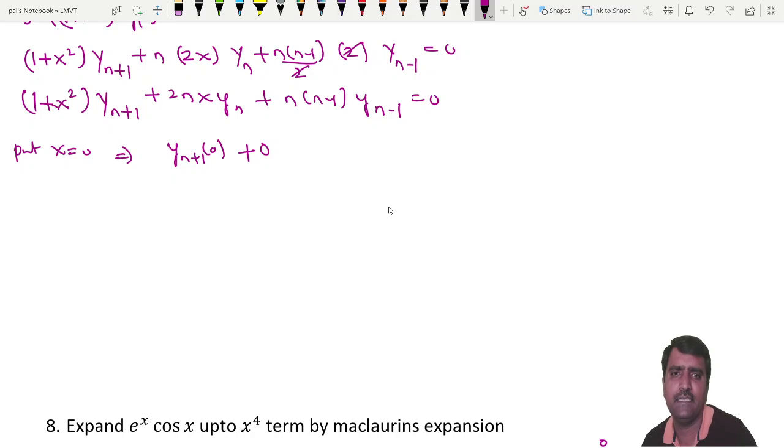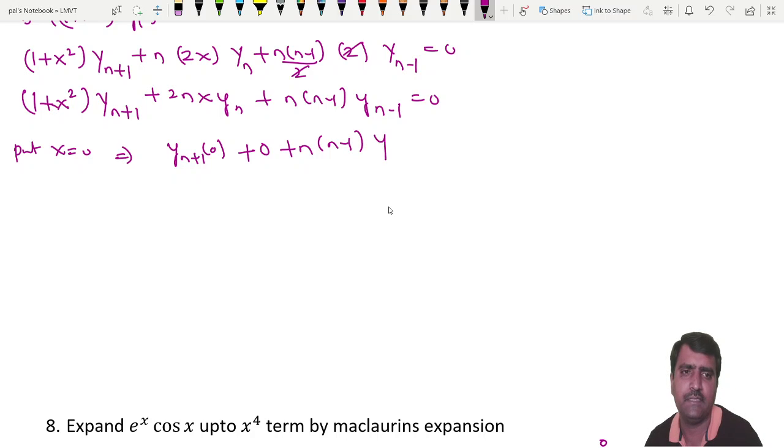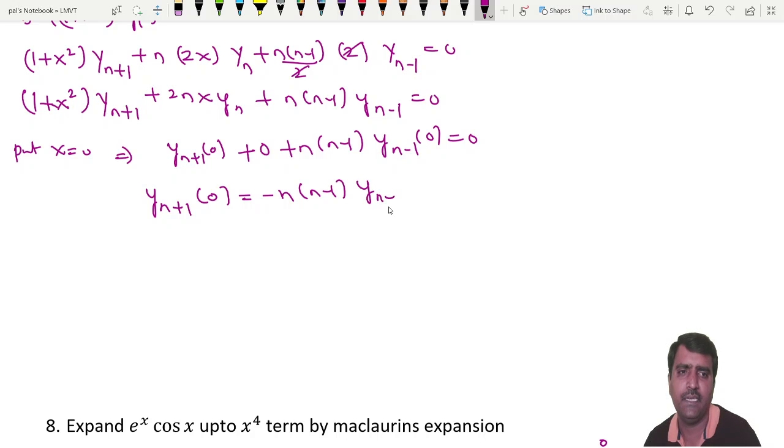If you put x is 0, this term completely becomes 0. Plus n into n minus 1 into yn minus 1 of 0 is equal to 0. So yn plus 1 of 0 is equal to, taking this term to the right hand side, minus n into n minus 1 into yn minus 1 of 0.